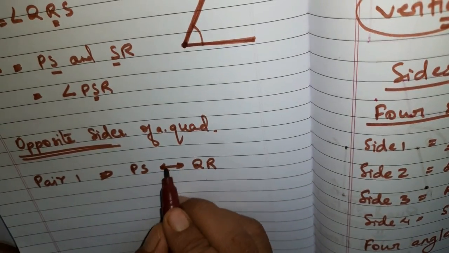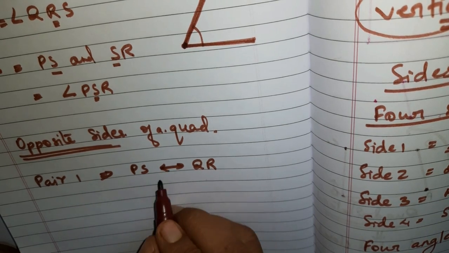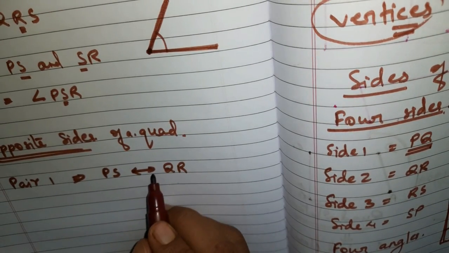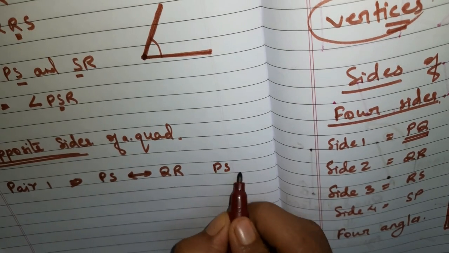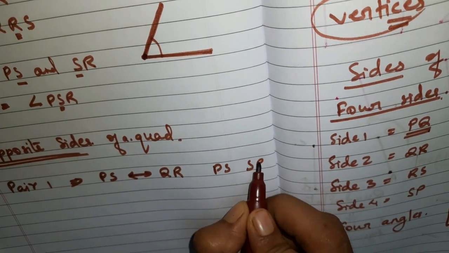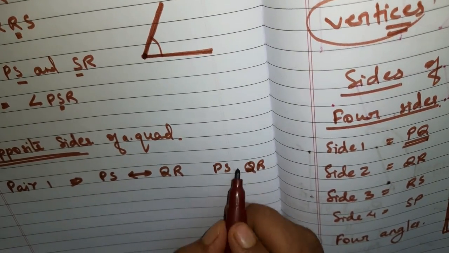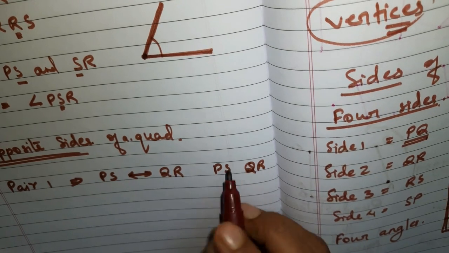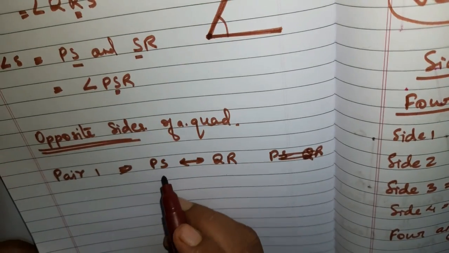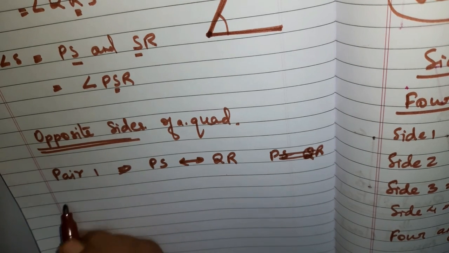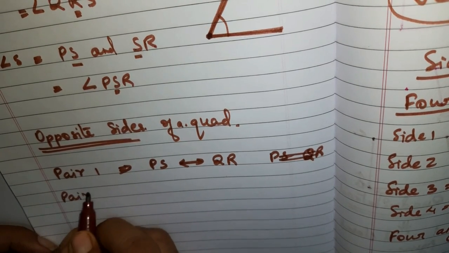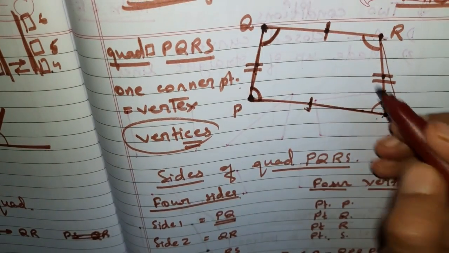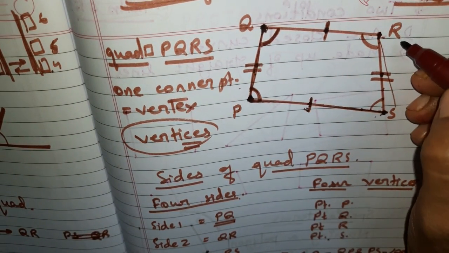Actually, I should not mention this; this is something corresponding, but let me write it like this: QR. It's okay, let it be like this only. So PS is opposite to QR. Then what is pair 2? Pair number 2: PQ is opposite to SR, isn't it?